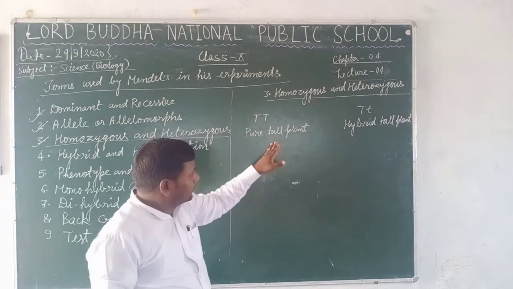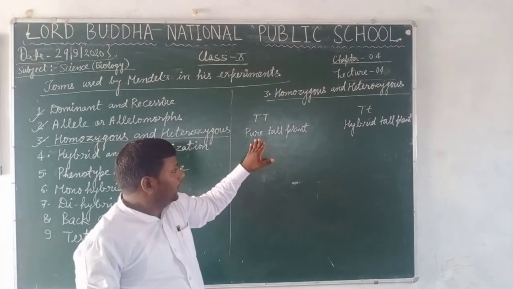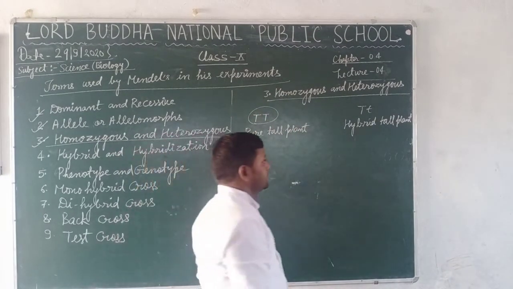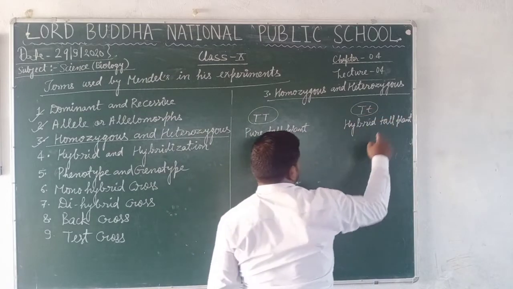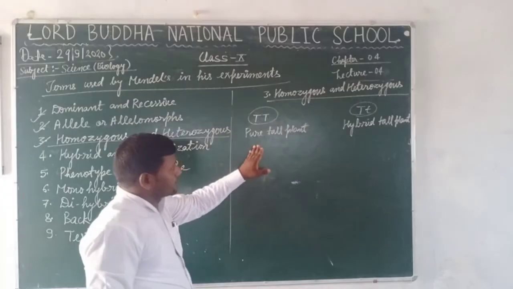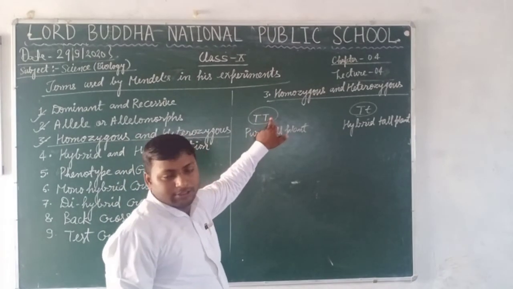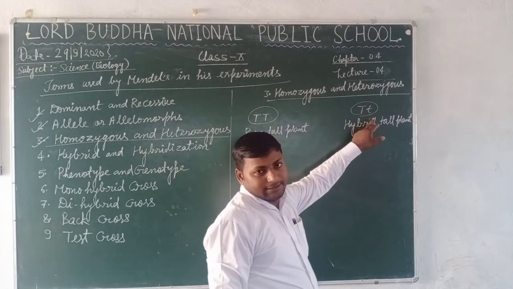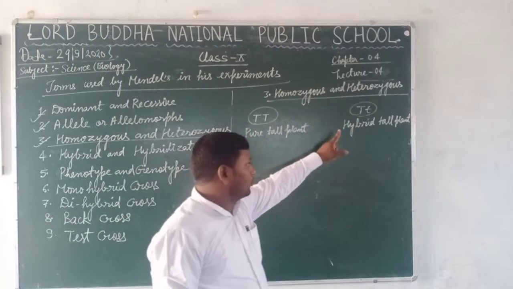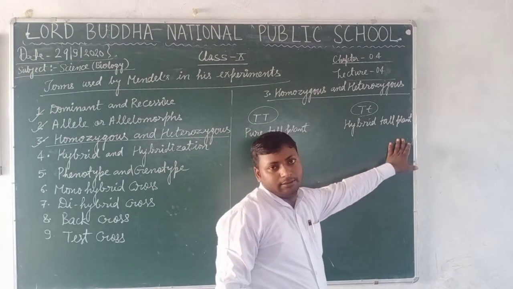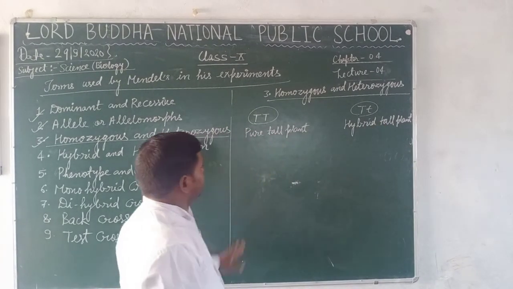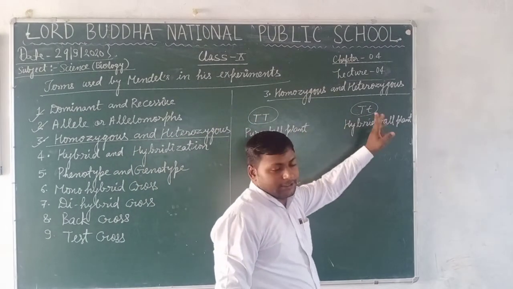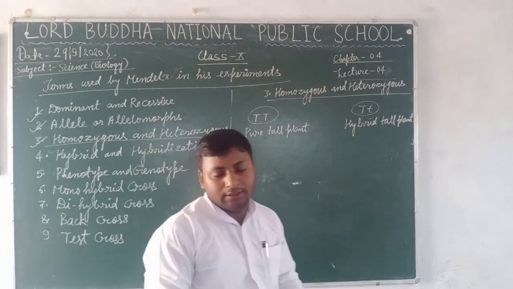Both are tall in physical appearance, but capital T capital T is the pure tall plant, whereas capital T small t is a hybrid tall plant, because contrasting genes are present in its alleles. Okay, students. Thus, capital T capital T is homozygous, whereas capital T small t is considered to be heterozygous.